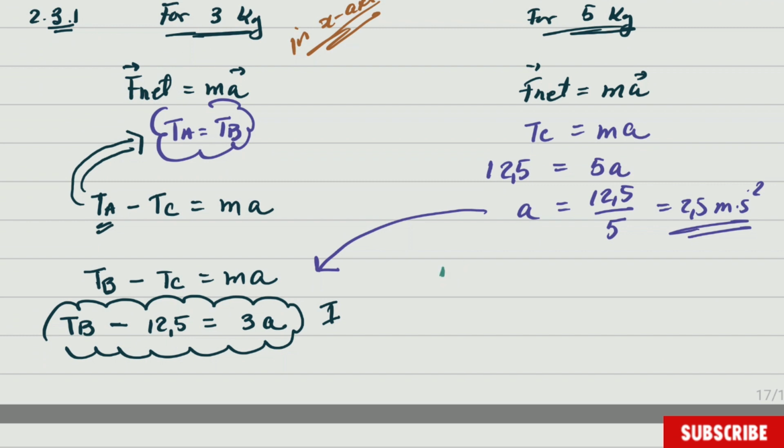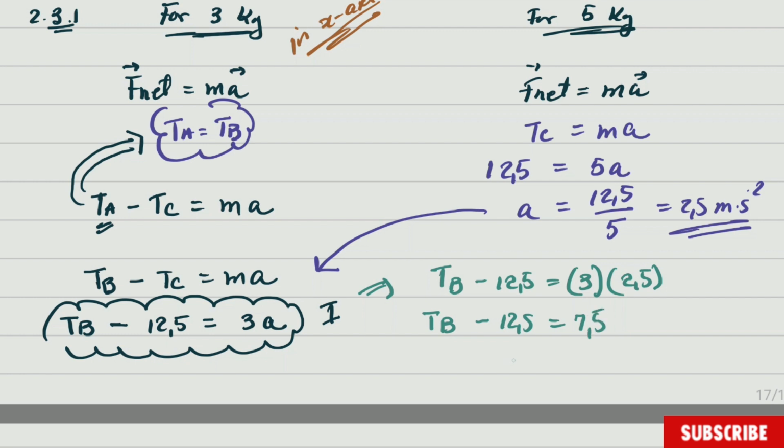So we have now the TB, which is what we are looking for, minus 12,5 is going to be equal to 3 multiplied by the acceleration, which is 2,5. All right, there we go. And now if you calculate, you have TB minus 12,5 is equal to 7,5.